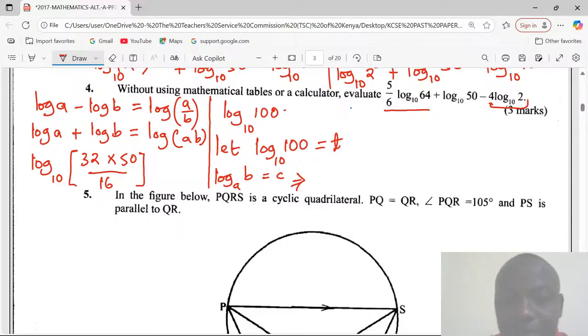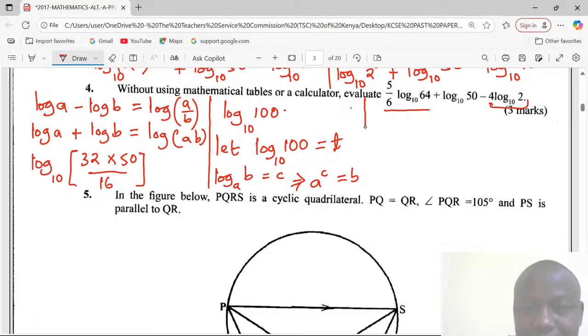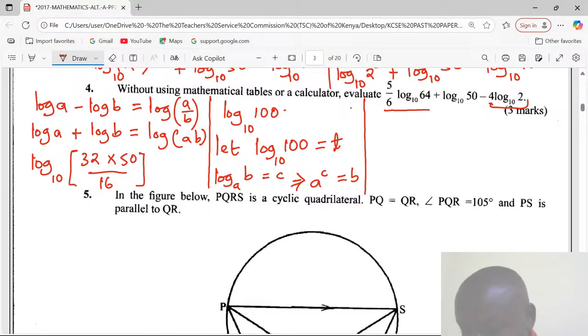Generally, if we have the log of b to base a equals c, it means a power c equals b. That's how we relate logarithms and indices.